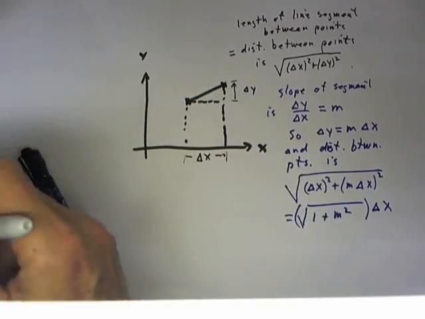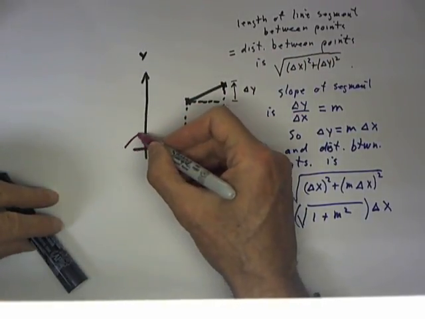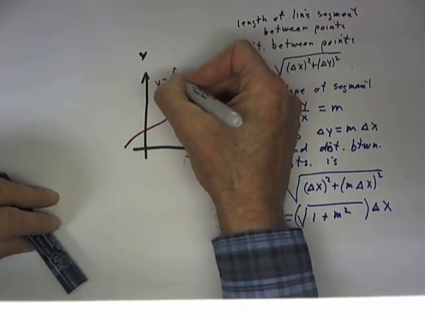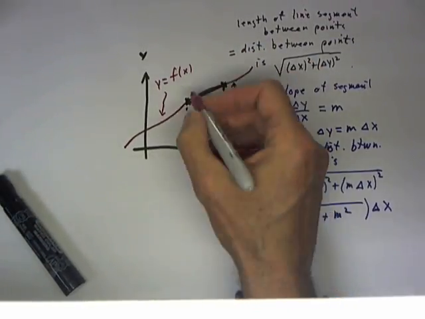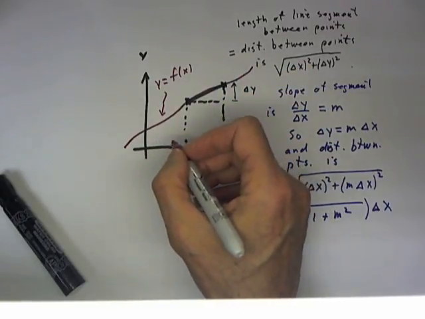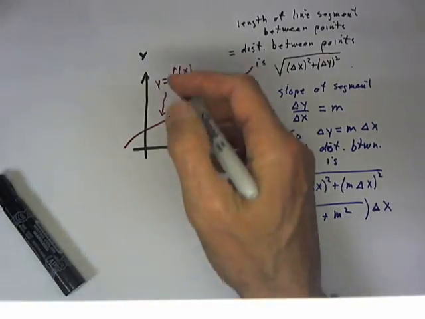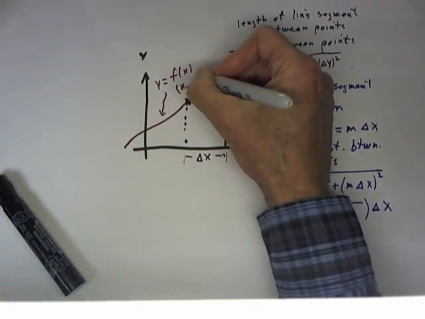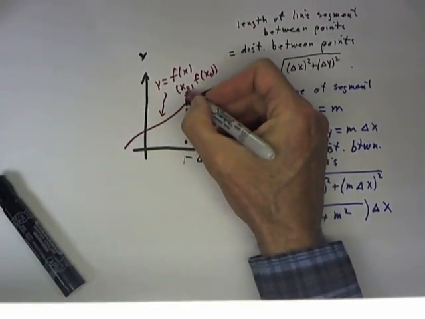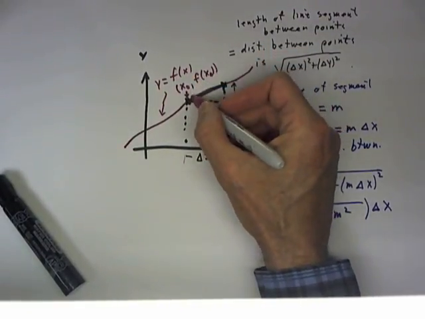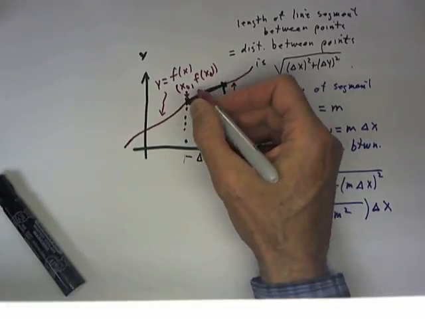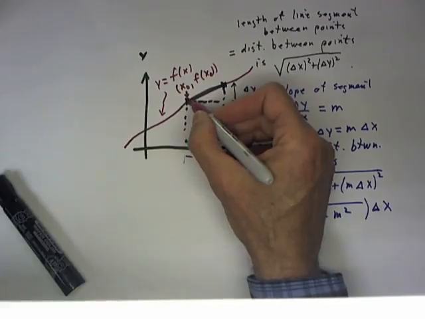Now, if this segment approximates a section or part of a curve corresponding to a function y equals f of x, then the slope at this point, if we regard this point as being a point, let's say x naught, f of x naught on the graph, then this function, if it's continuous and differentiable, will have a derivative which at this point might well be equal to the slope of this line segment, or it might have an average derivative over the interval equal to the slope of this line segment.